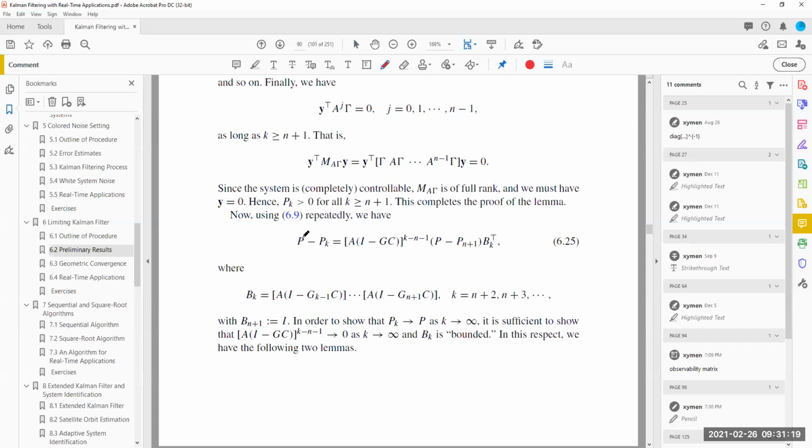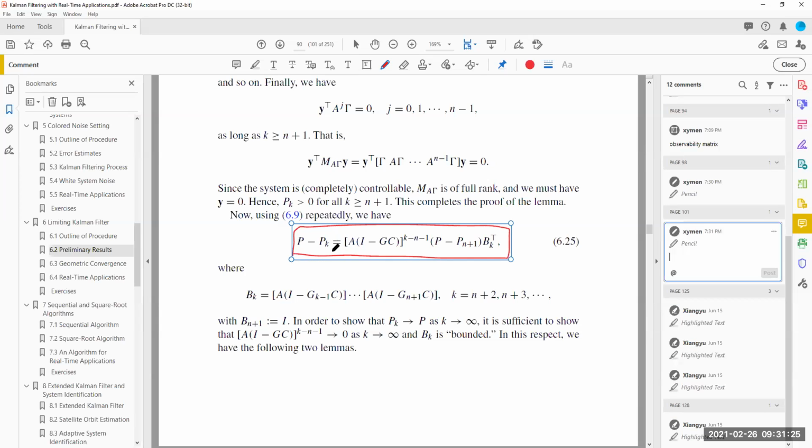Okay, similarly, it's a recursive form. Now we want to show the convergence of PK to P. Basically shows this will converge to 0. Okay, it's similar to the stability of a system.